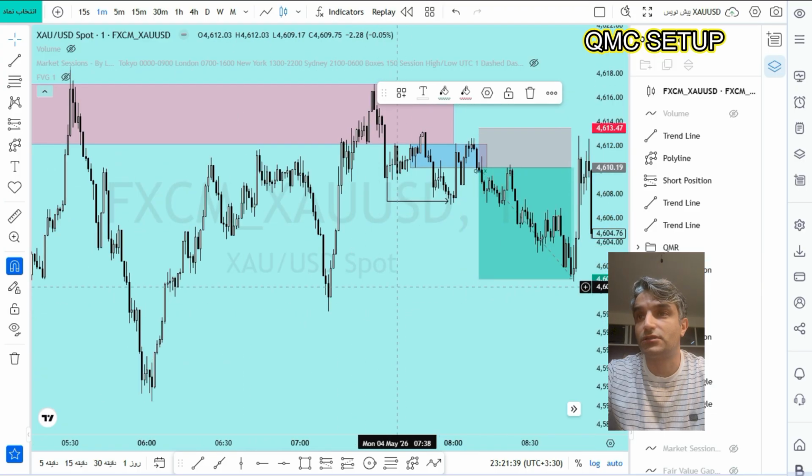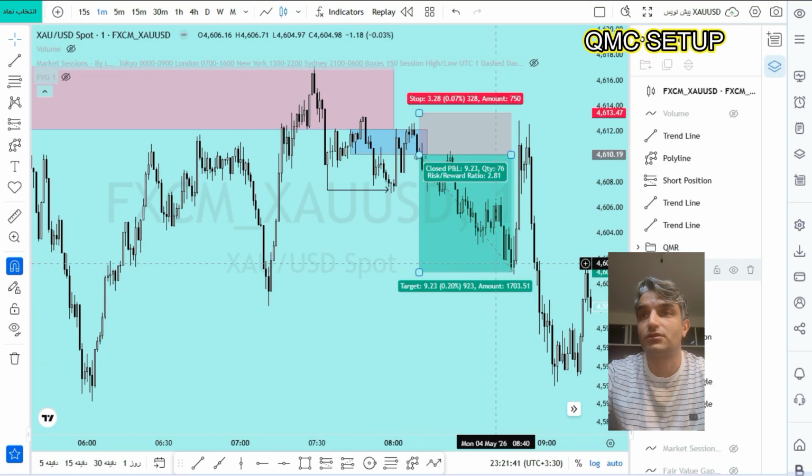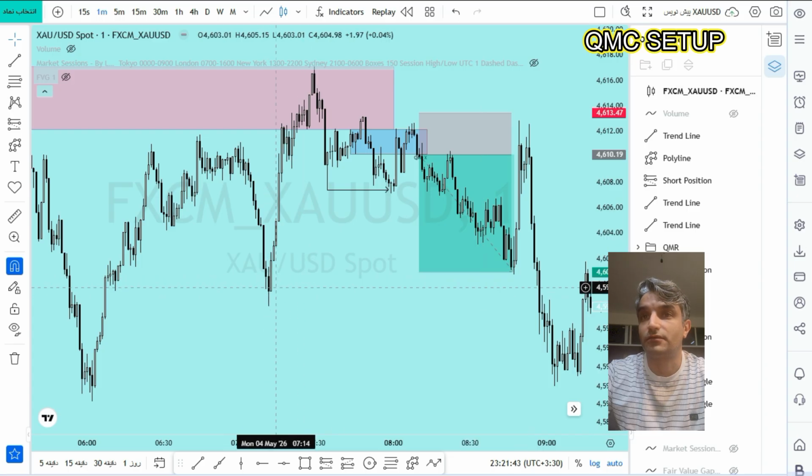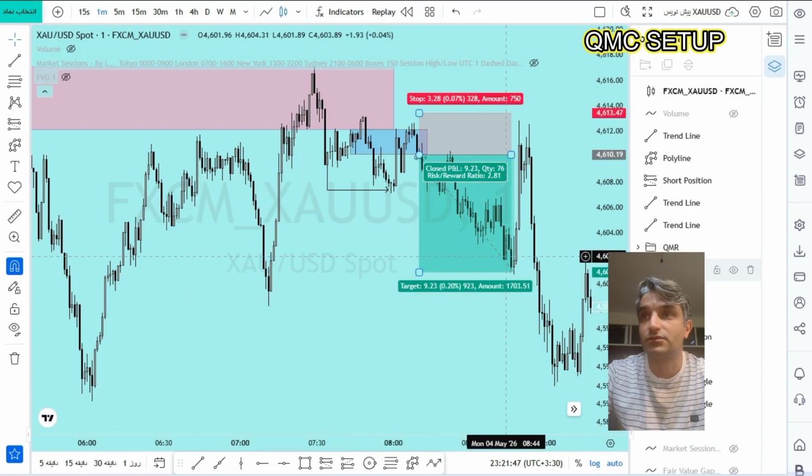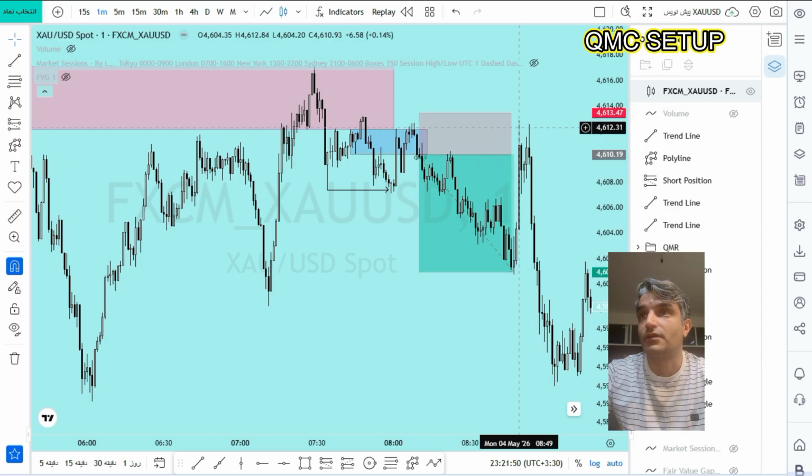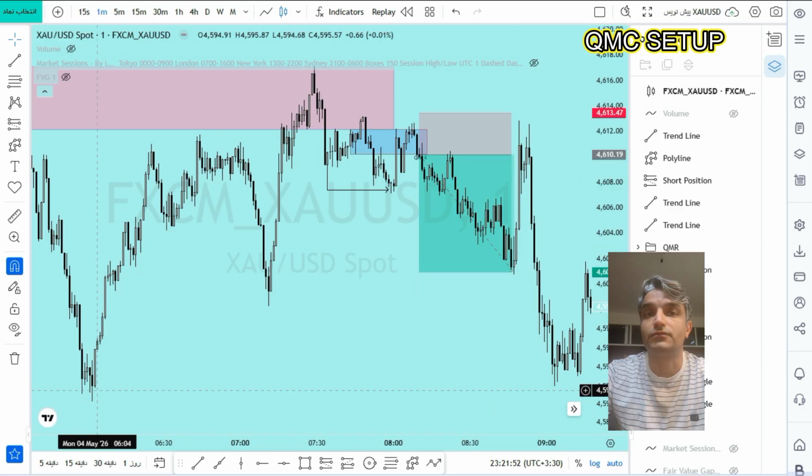But as you see, if you are more patient, price had a reaction to this area, to this order block, goes up, and after that comes to this area.